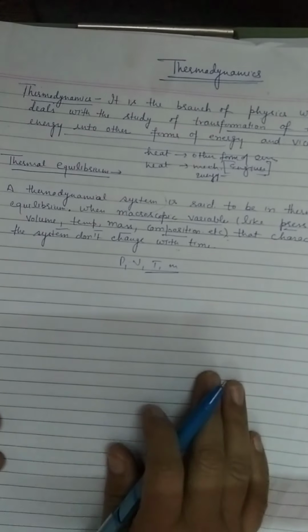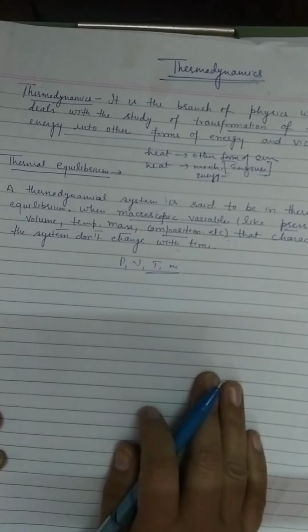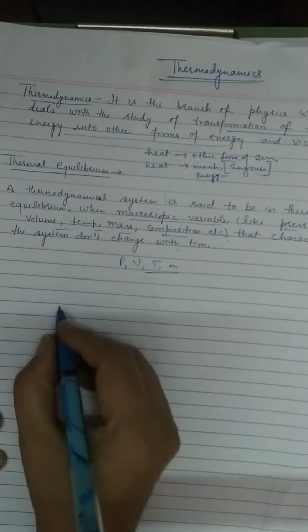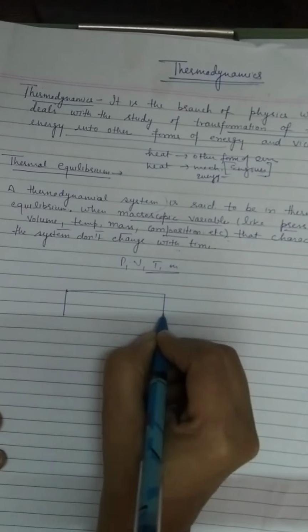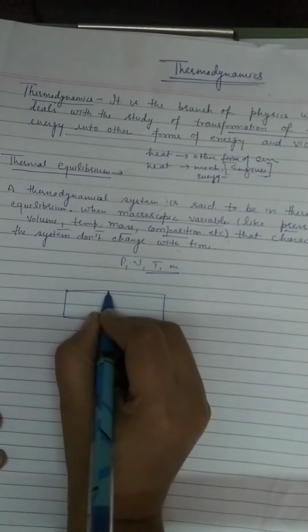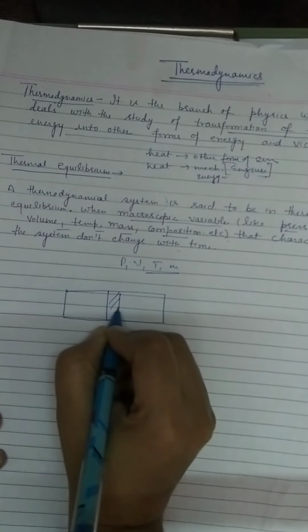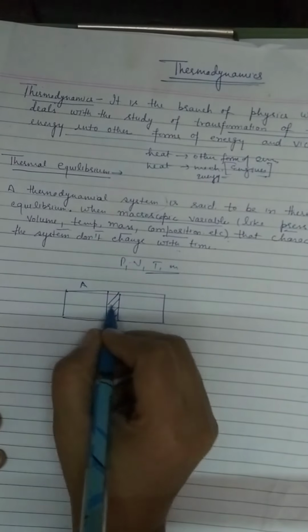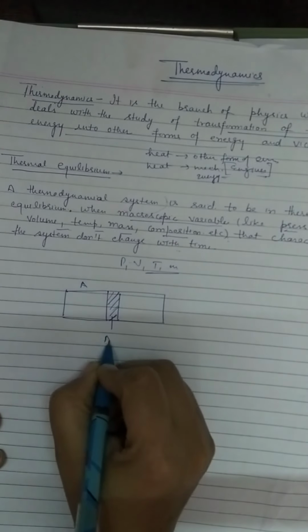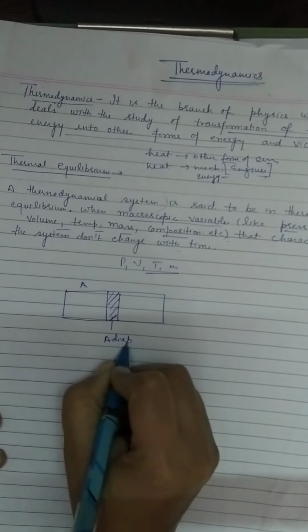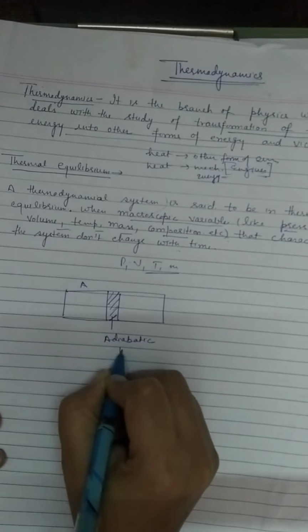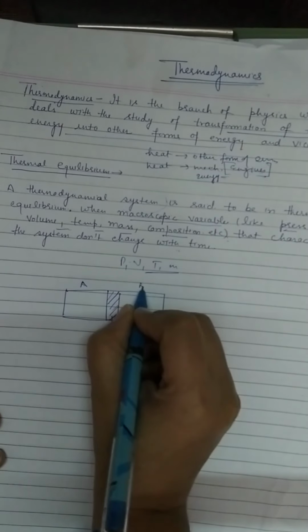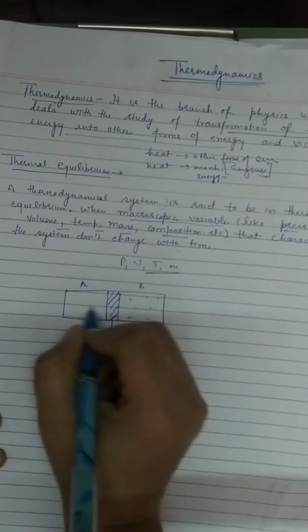So before starting thermodynamics, we have to consider two types of walls. Suppose there are two gases which are separated by an adiabatic wall. This is a container, right? And at the center we placed an adiabatic wall, and the second gas B is placed here.